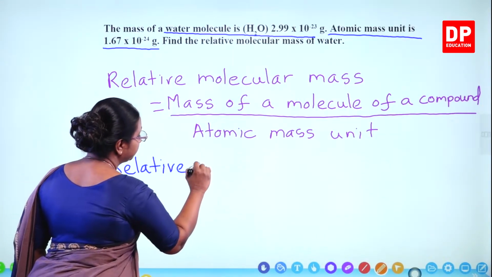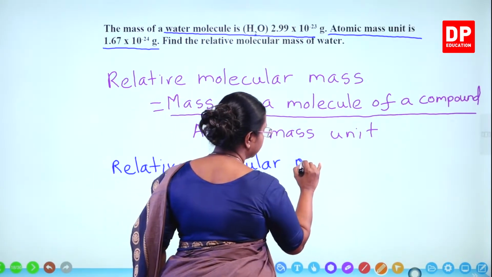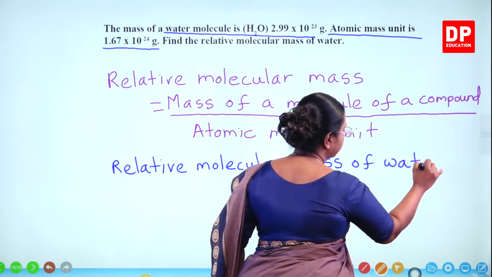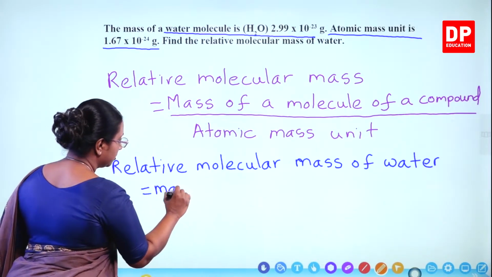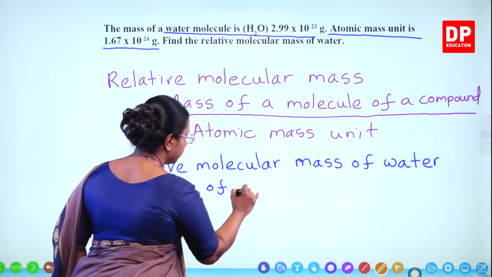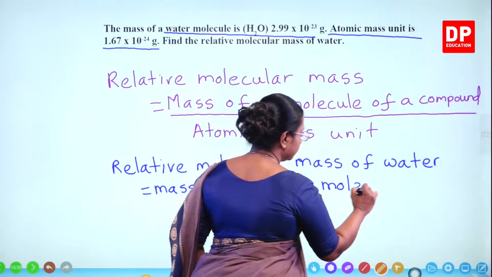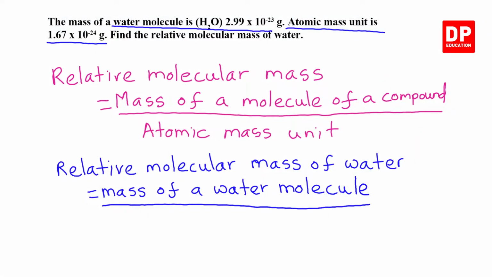So relative molecular mass of water is equal to mass of a water molecule divided by atomic mass unit.